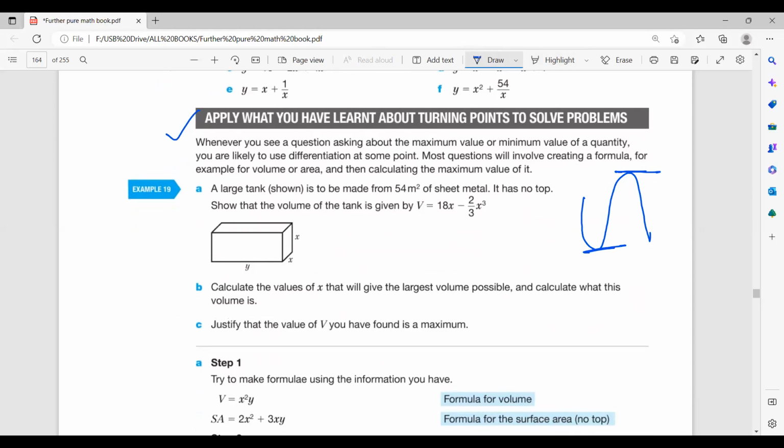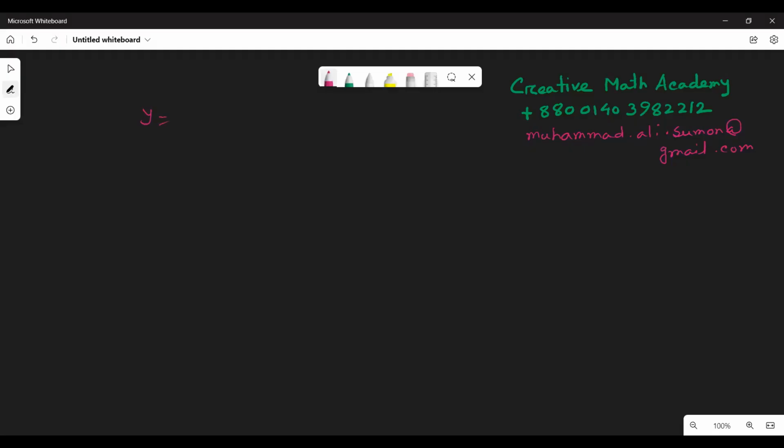When we have a curve, like y equals x square, at first we have to do differentiation. So for finding the turning points, you have to write dy by dx equals 0. From here, we will get the value of x.